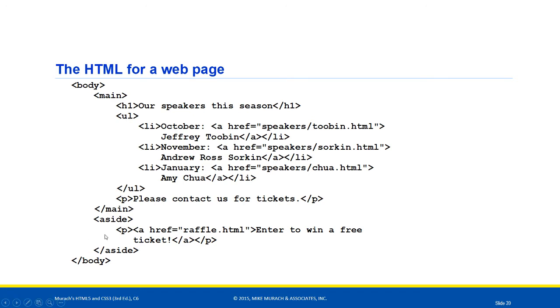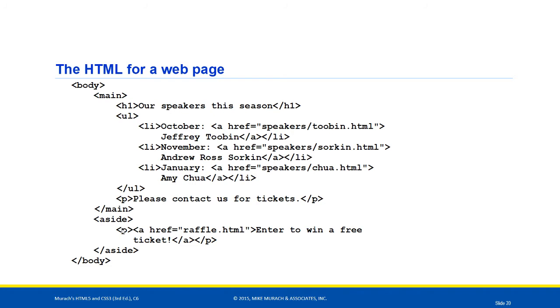So the code that you see here is the HTML code that I have in one of the examples, example 13 absolute and fixed inside that chapter 6 folder that we took a look at. As you notice, it's a main inside the body. We have an H1, an unordered list, and then an aside.